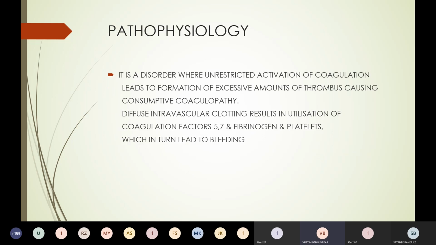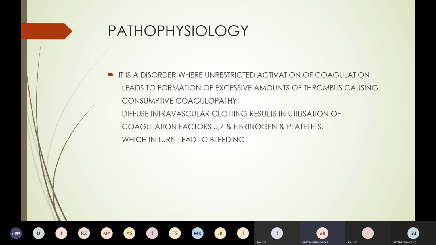Pathophysiology. It is a disorder where unrestricted activation of coagulation leads to formation of excessive amounts of thrombus, causing consumptive coagulopathy. That means all the coagulation factors are used, so that leads to a decrease in the clotting factors, particularly factor 5, 7, fibrinogen, and platelets.